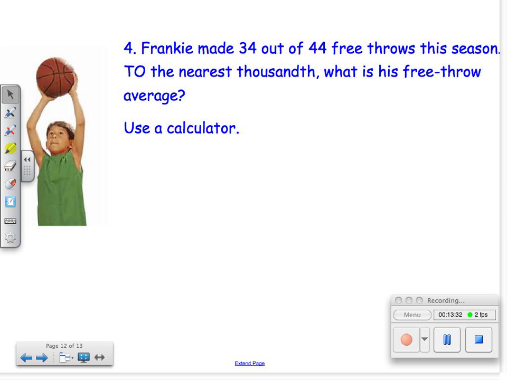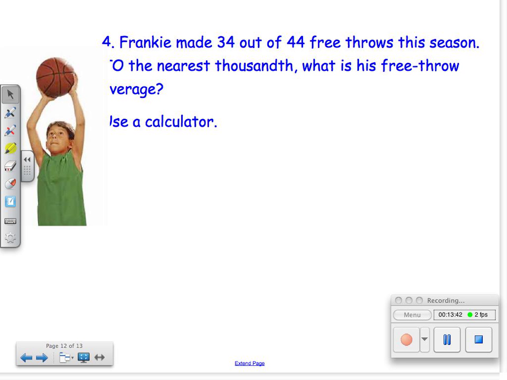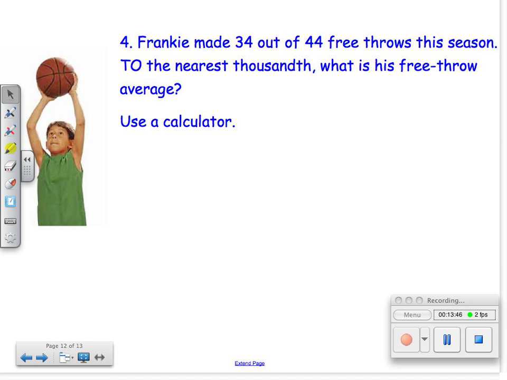All right, Frankie made 34 out of 44 free throws for the basketball season. Round this to the nearest thousandth. What is his free throw average if he made 34 baskets out of 44? That's how you write it as a fraction. He made 34 out of 44.